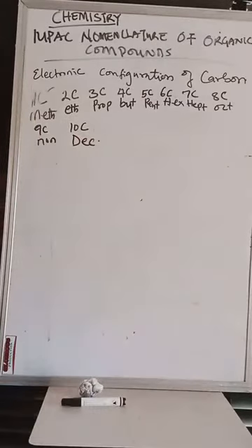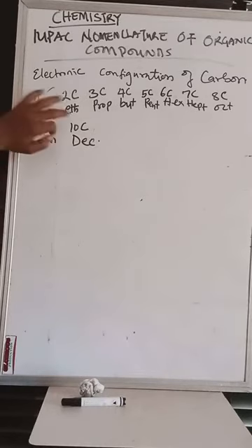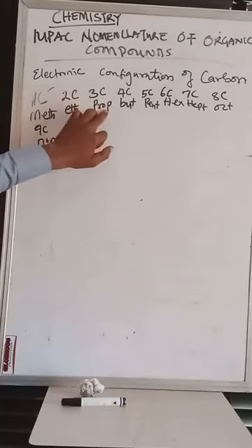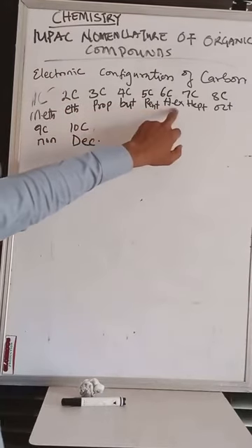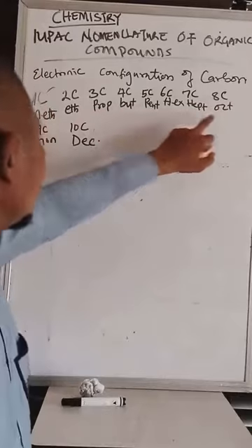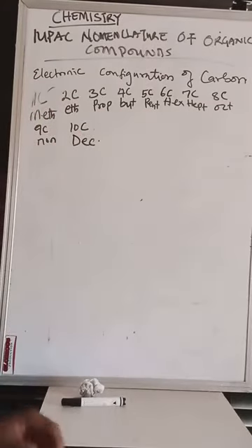So depending on your number of carbon atoms will determine the name of the compound. So we say for 1 carbon atom you call it meth, 2 is eth, 3 prop, 4 but, 5 pent, 6 hex, 7 hept, 8 oct, 9 non, 10 dec.